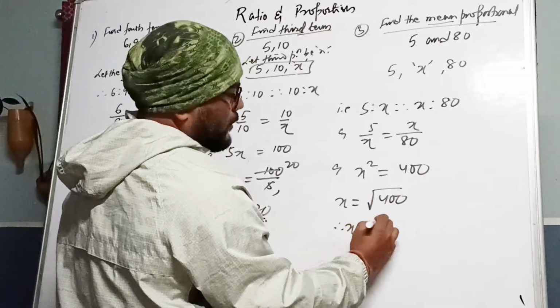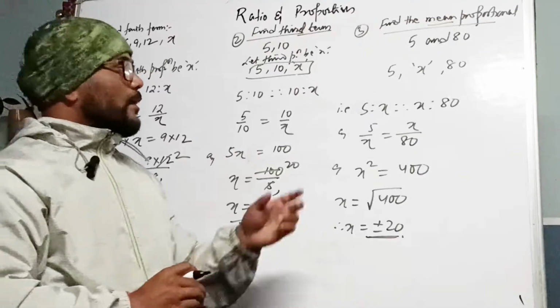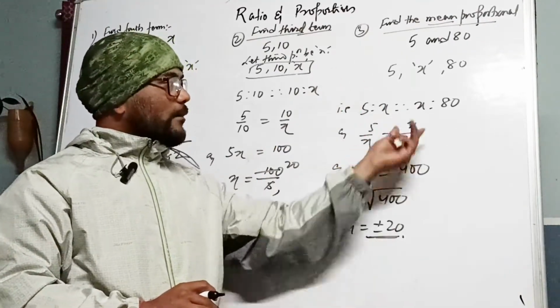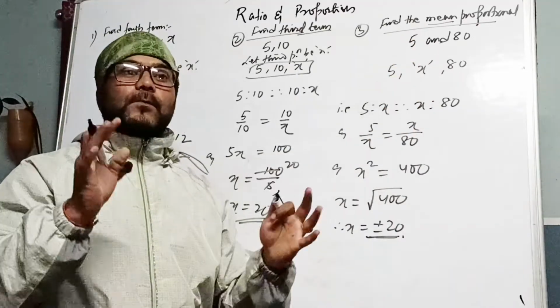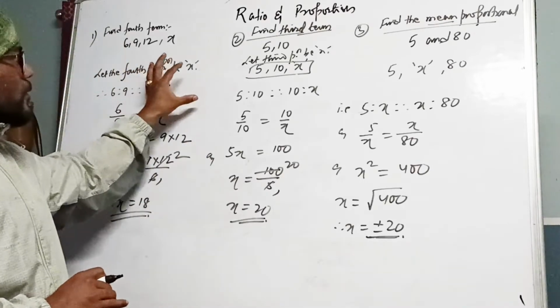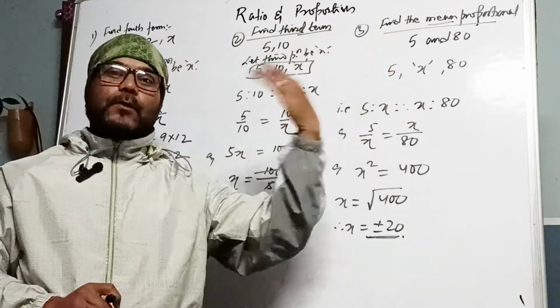So finally you got the value as 20. You just consider the positive value. Okay. So if the number 20 is in the middle, then this sequence will be in proportional. So hope you have understood how to find the value of the fourth proportional, third proportional, and mean proportional. Okay. Now I am going to the next topic.